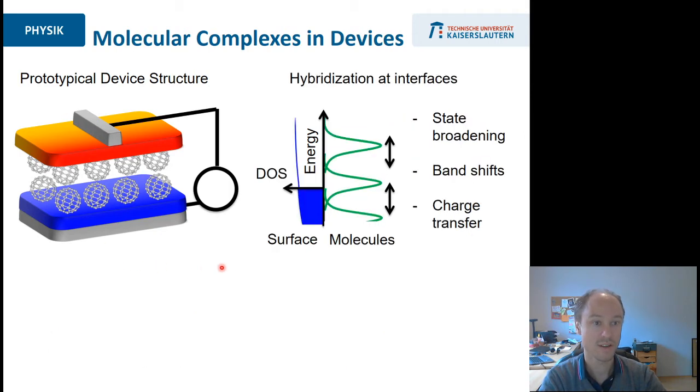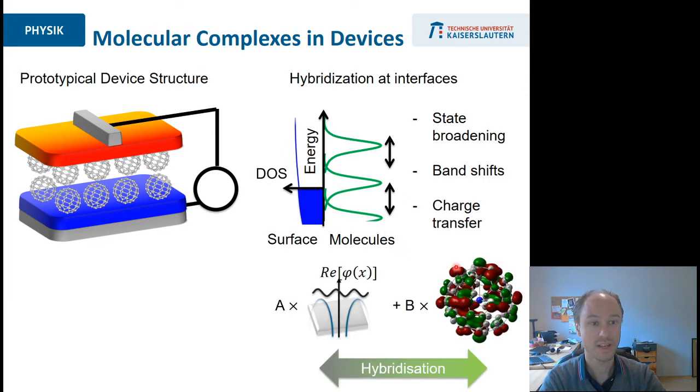For instance, we can have broadening of the electronic levels, we can have band shifts and band structure renormalization of the molecular valence and conduction levels, which leads to a change in the band gap, or we can, in certain cases, as shown here, also experience charge transfer from the substrate into the molecular material that then changes the occupation of the molecular orbitals.